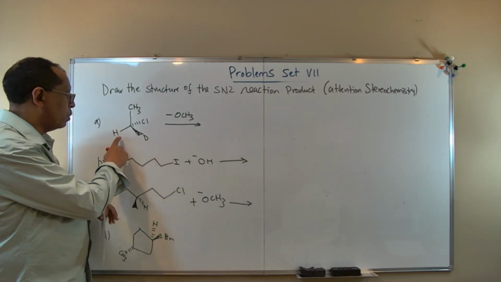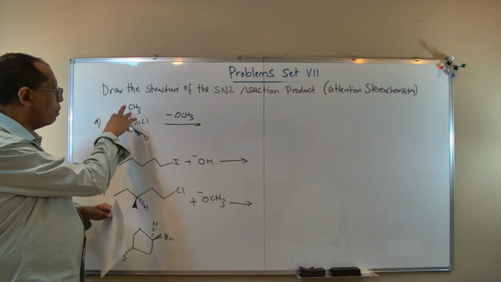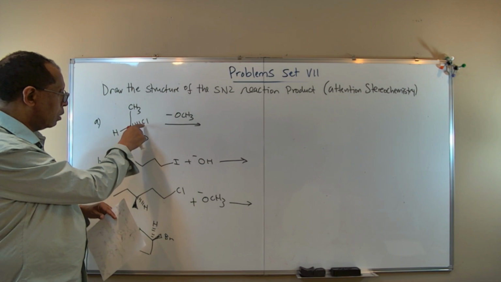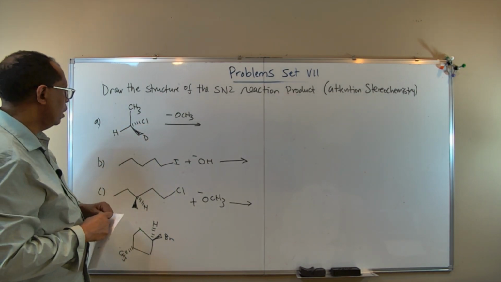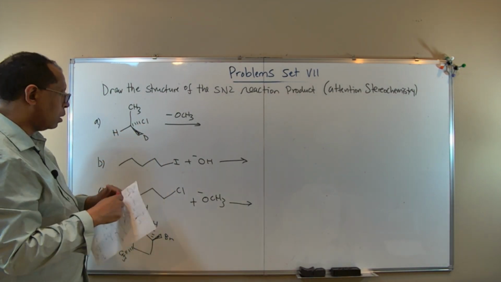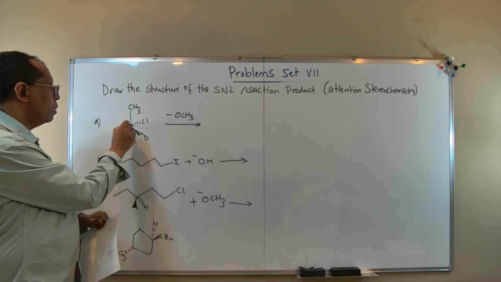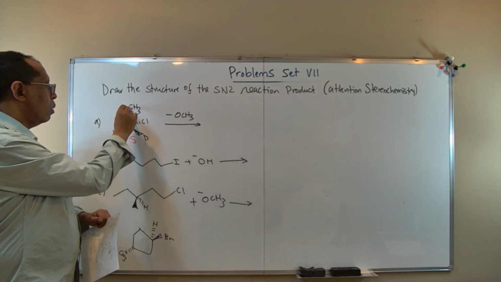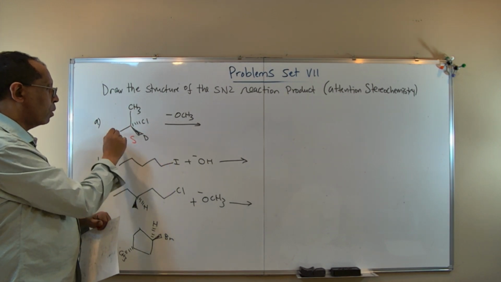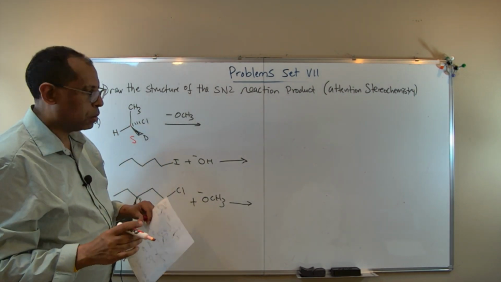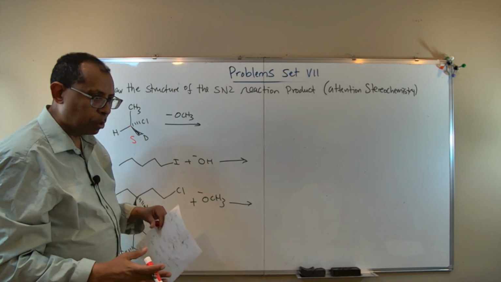Here, for example, you have a compound, alkyl halide, chloro is the leaving group. So this compound is an S compound because this carbon is substituted to 1, 2, 3, 4 different groups.